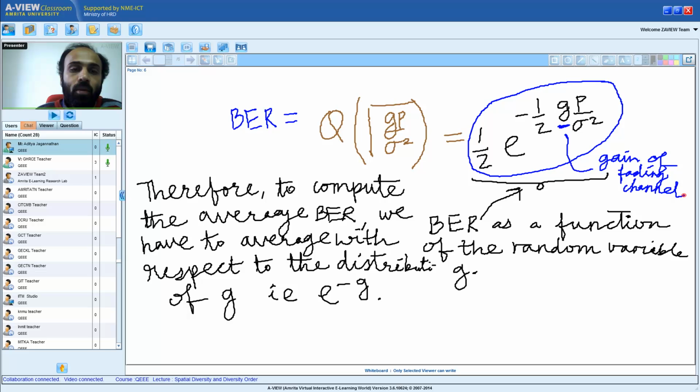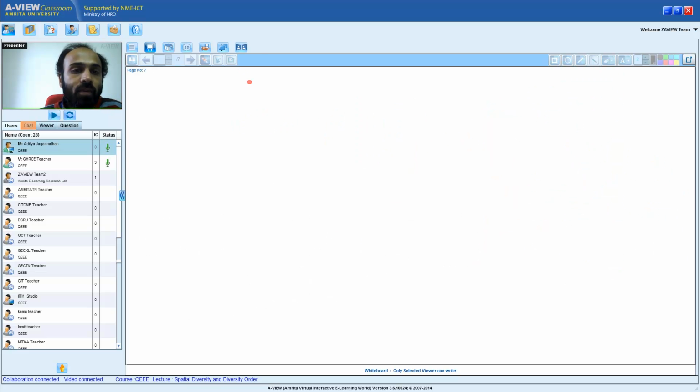Therefore, to compute the average bit error rate, since G is a random quantity, I have to average with respect to the distribution of G, right? And the distribution of G is e to the power of minus G, right? Everyone get that? So now I'm going to compute the average bit error rate.